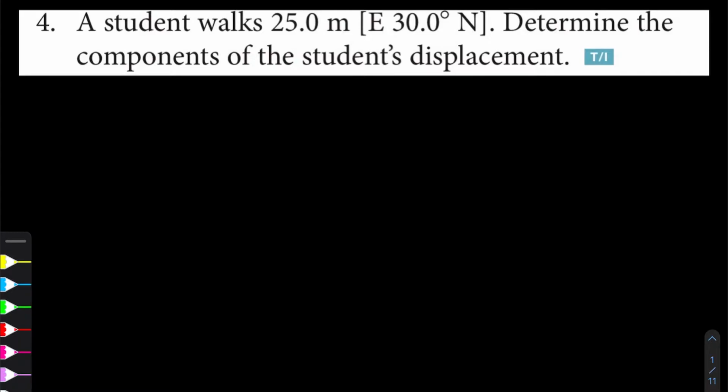So first thing that we want to do is get a quick visual picture of what's going on. To do this, it's a good idea to consider the bird's eye view. What that means is that we're going to consider a student, and this student walks 25 meters in the direction of east 30 degrees north. But in order to determine east, north, and so on, you need to consider the golden rose compass.